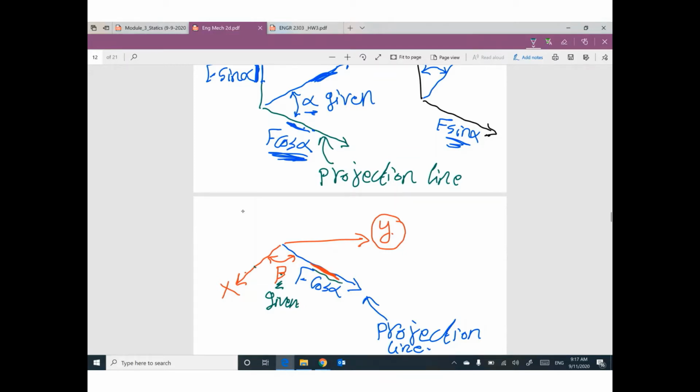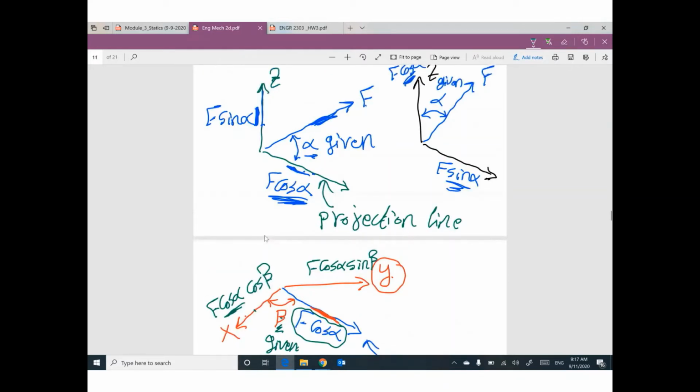F cosine alpha cosine beta. And we have a force F cosine alpha sine beta. So finally, this force is broken into three components, one in X, one in Y, and one in Z.